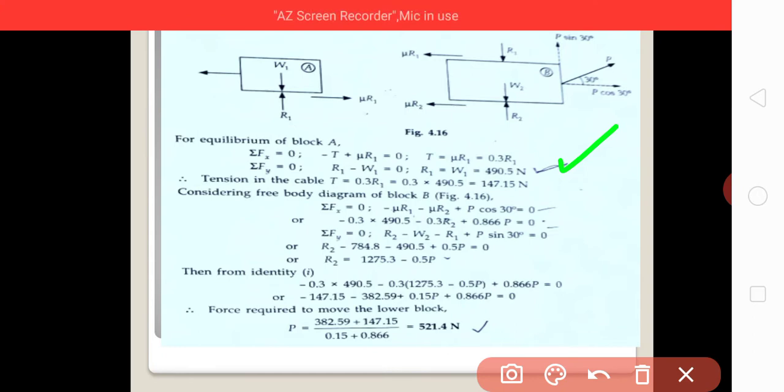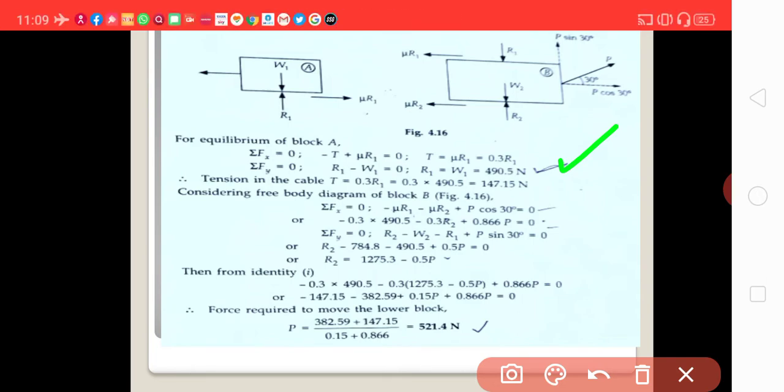Now, considering the free body diagram of the block B, that is figure 4.16, summation Fx equal to 0 means minus mu1 R1 minus mu2 R2, because both will be acting towards the left, plus P cos 30 equal to 0, or 0.3 into 490.5, that is the normal reaction, minus 0.3 R2, plus 0.866 P equal to 0.